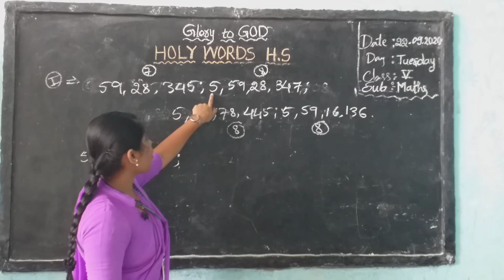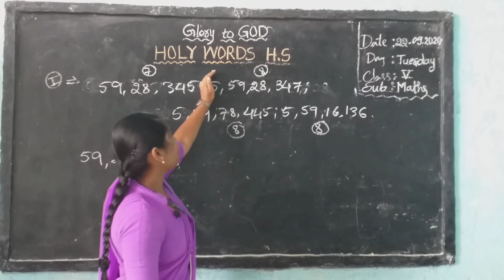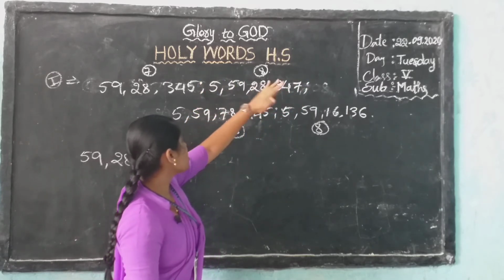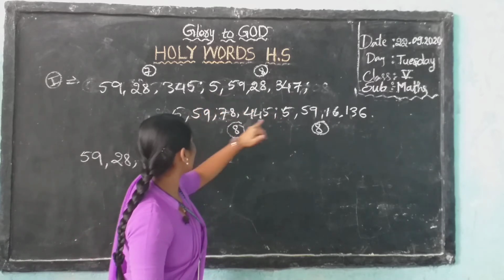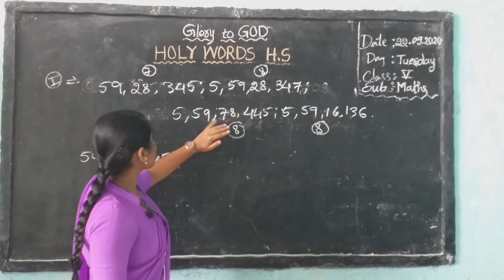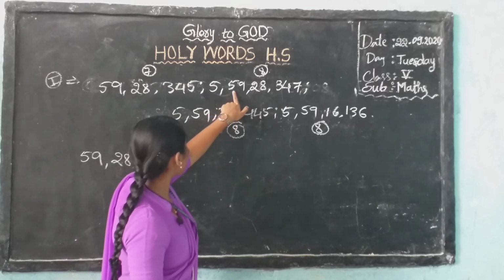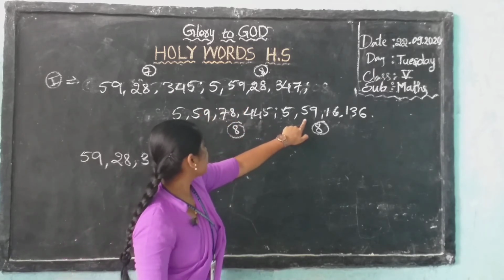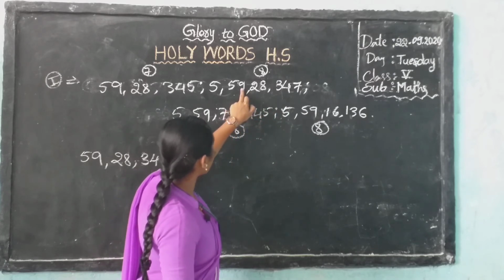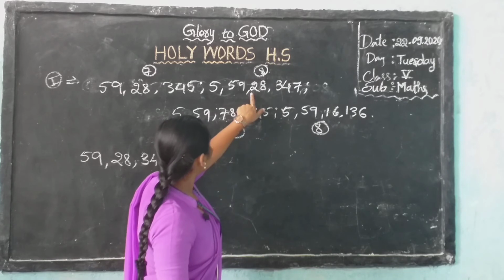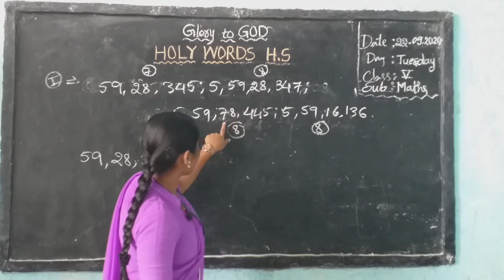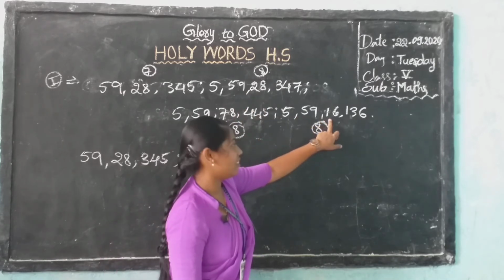So next, compare the three numbers. Start from left to right. All 3 numbers have 5 crores. Then the 10 lakhs place: 5, 5, 5. Next digit 9, and here also 9, 9. And next 2, and here 7, and here 1.